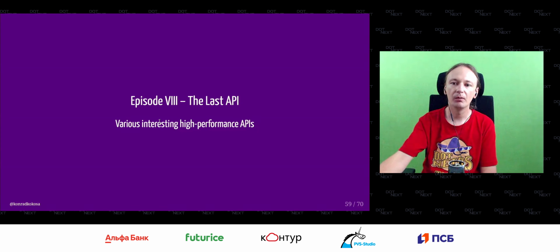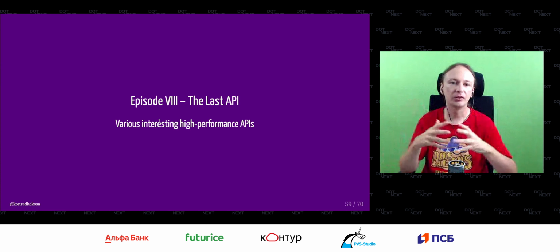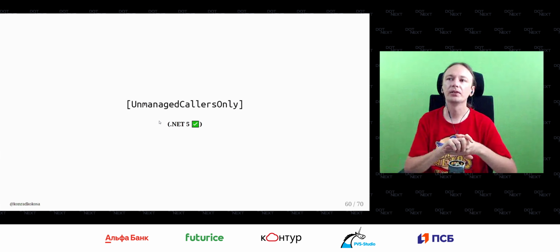And the last thing is the episode about some various interesting high-performance, low-level APIs being added to .NET. So the first thing that I would like to describe is the UnmanagedCallersOnly attribute that is already added to .NET 5.